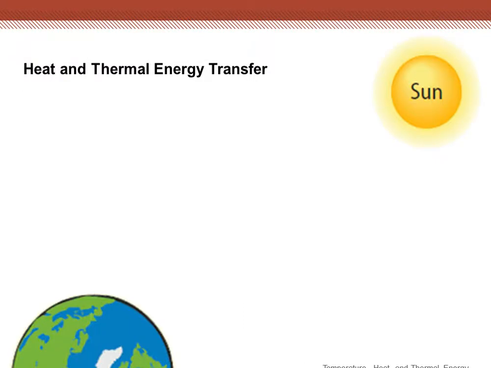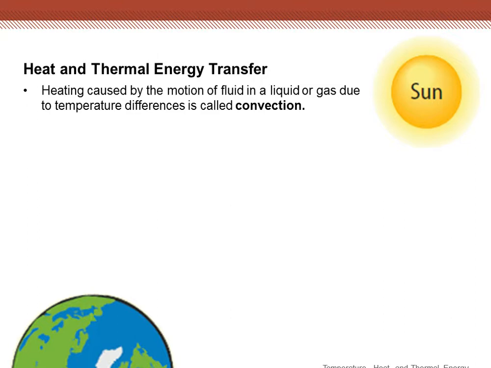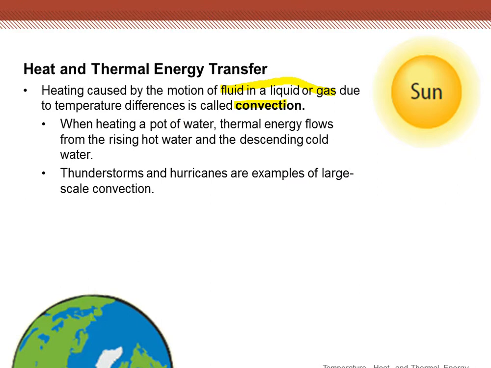There are other ways that we can transfer energy other than just conduction. Heating caused by the motion of fluid in a liquid or gas due to a temperature difference is called convection. An example of this would be heating a pot of water. Thermal energy flows from the rising hot water and the descending cold water.